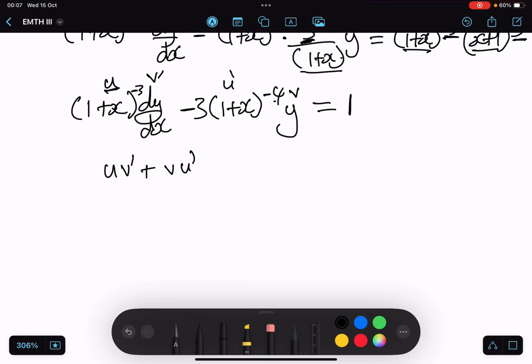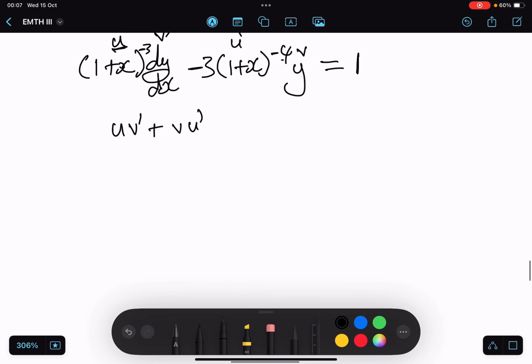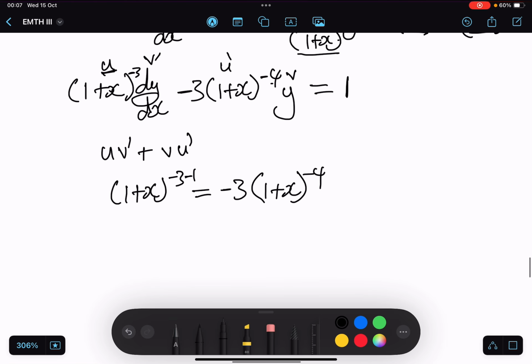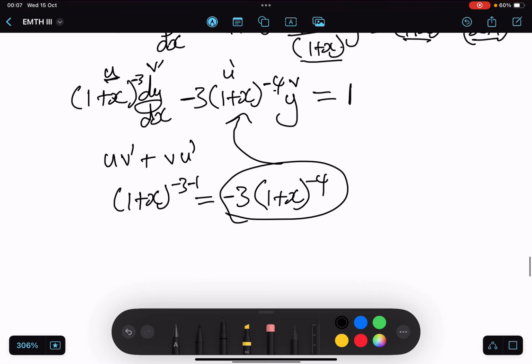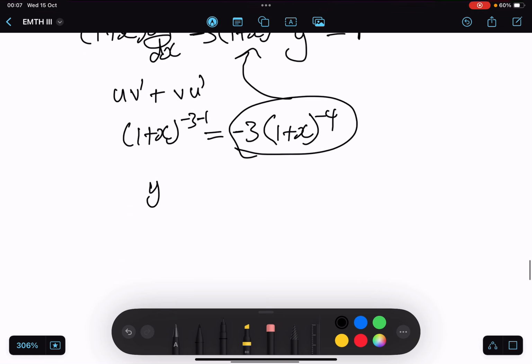If this is u, and you differentiate u, if you differentiate (1 plus x) to the power minus 3, you are going to get minus 3 times (1 plus x), and then minus 1 here gives minus 4, which is the same thing as this. So this is the product rule. Also, if we have v, if we have y and we differentiate y, you get dy/dx.